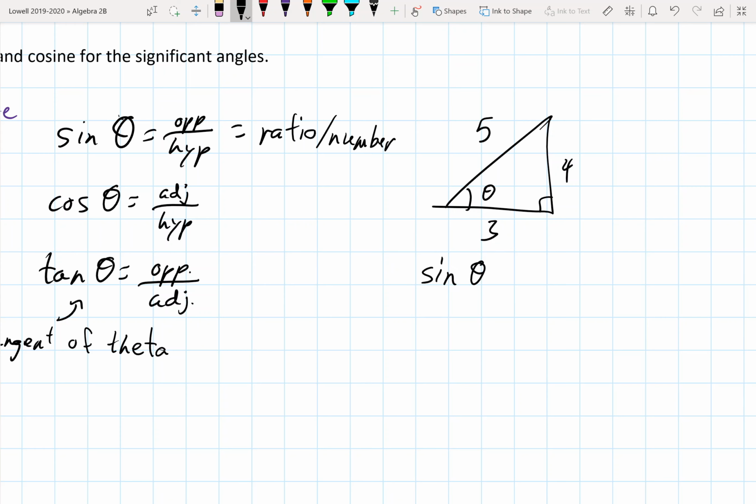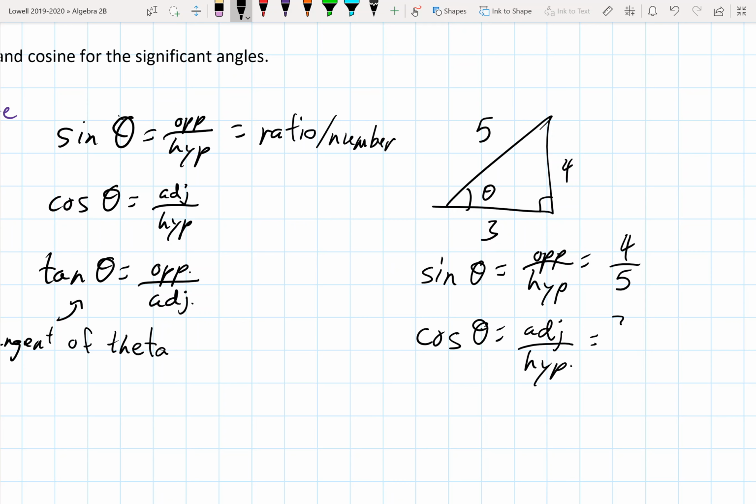Sine of theta is opposite over hypotenuse, so that would be 4 over 5. Cosine of theta is adjacent over hypotenuse, which is 3 over 5. And lastly, tangent of theta is opposite over adjacent, which in this case is 4 over 3.